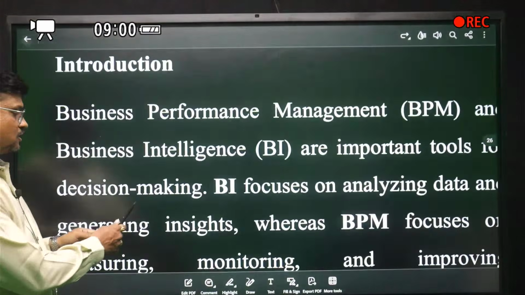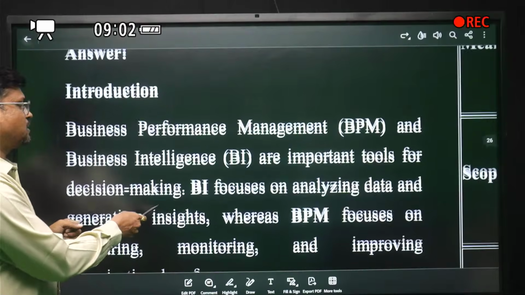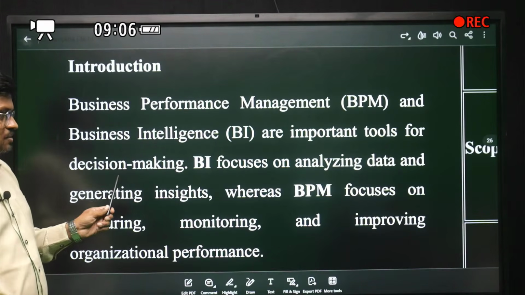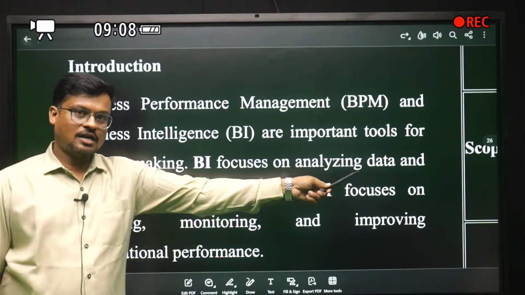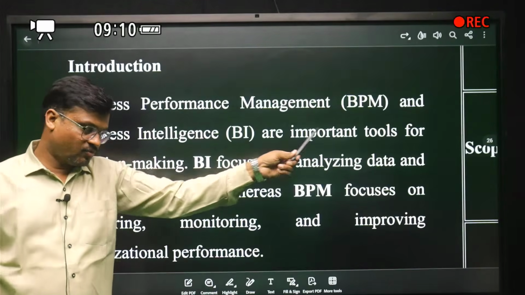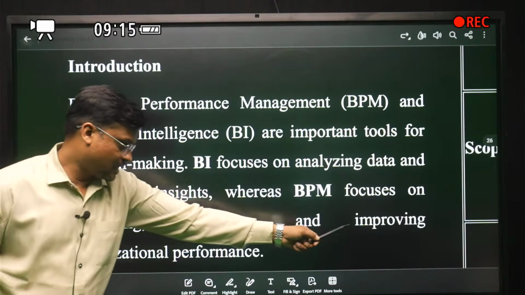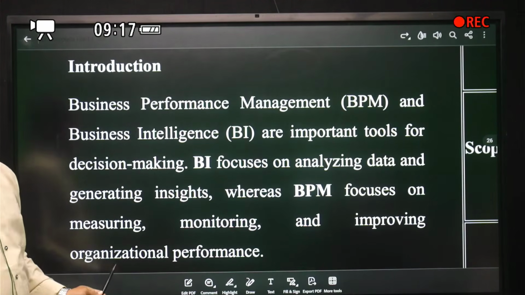Coming to the introduction, business process management and business intelligence are important tools for decision making. BI focuses on analyzing the data, whereas BPM focuses on monitoring, measuring, and improving your organizational performance.